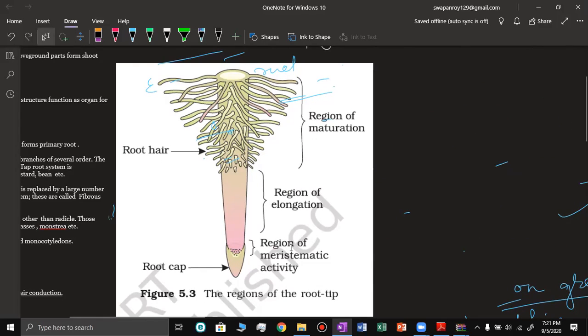At the tip of the root, there is a cap-like structure. This cap is known as the root cap. So at the extreme tip, there is a root cap.